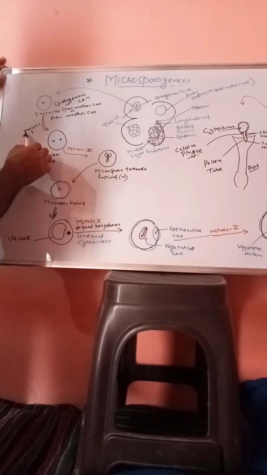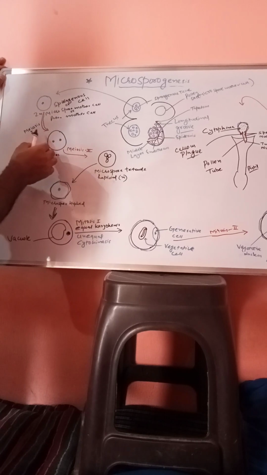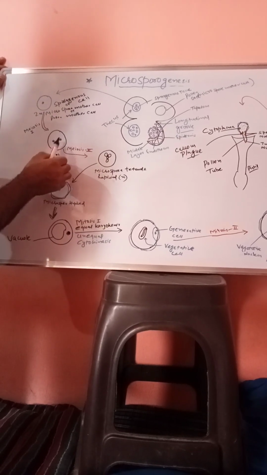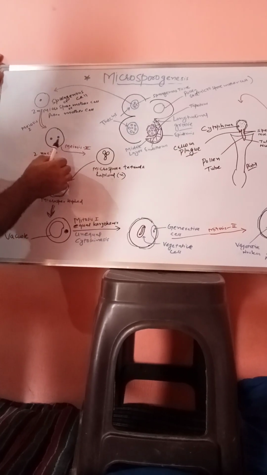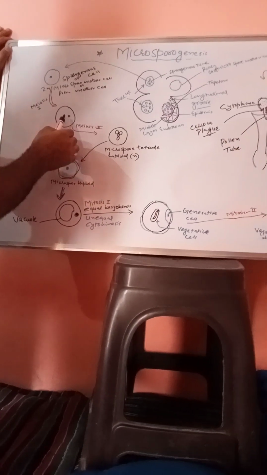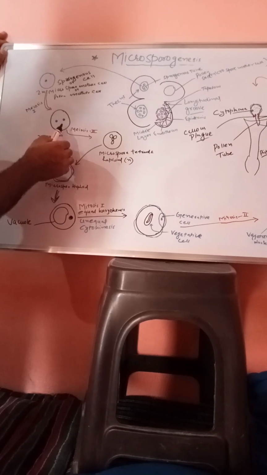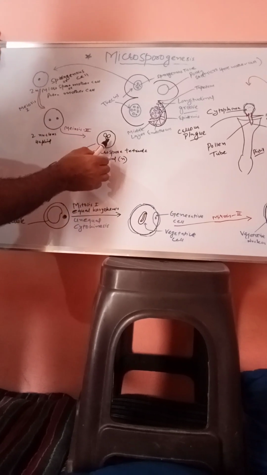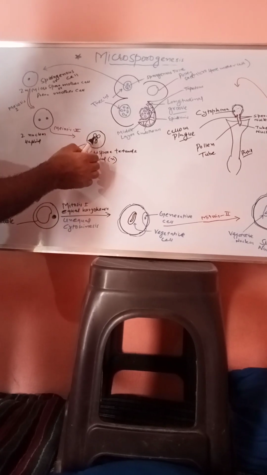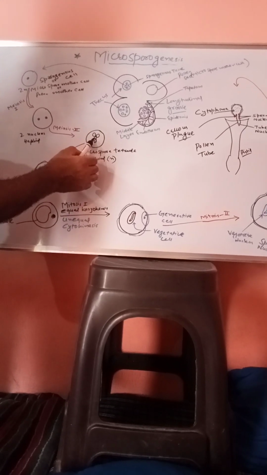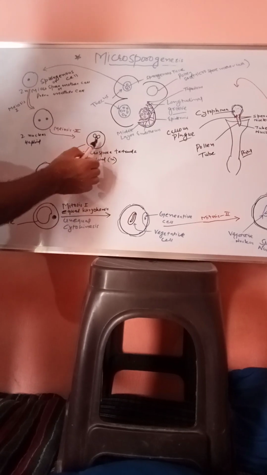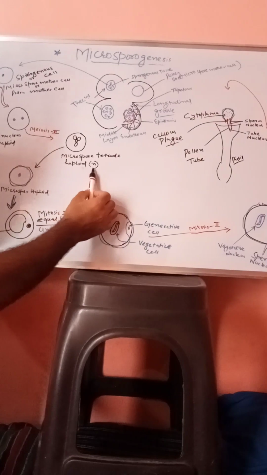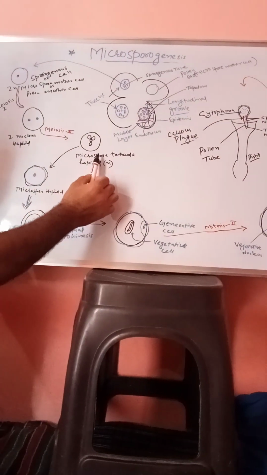It undergoes meiosis first. When meiosis is going on, there is reduction, meaning the nucleus is reduced to half the number of chromosomes. So two nuclei show in this structure, and then it undergoes a second meiosis and forms a tetrad, meaning four nuclei are formed, four microspores inside. These tetrads are all in haploid number of chromosomes.